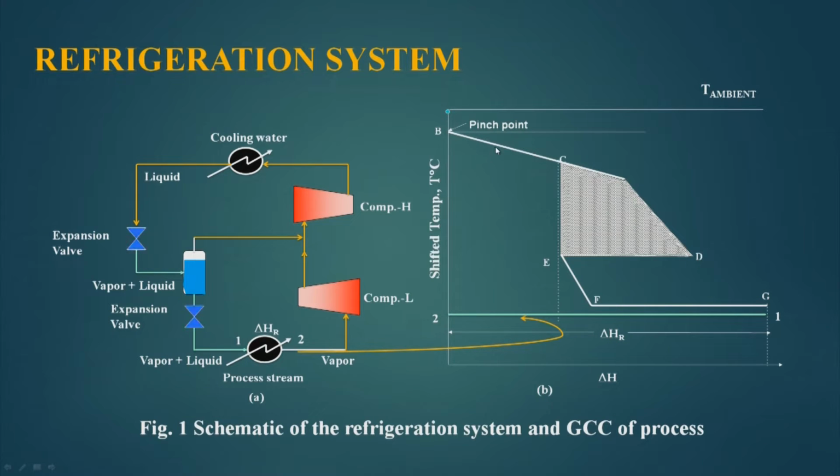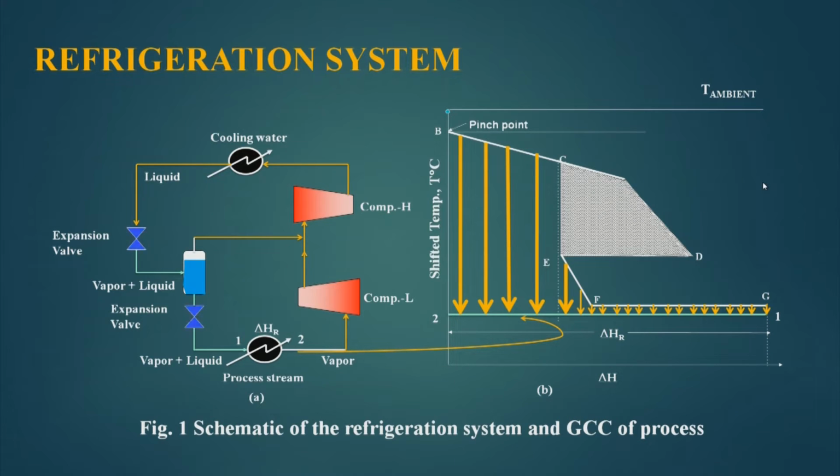Here the heat is rejected to the coolant, which is refrigerant in this case, and this is the temperature level of the refrigerant, or we should say that this is the evaporator temperature. The heat from here is rejected to this refrigerant.